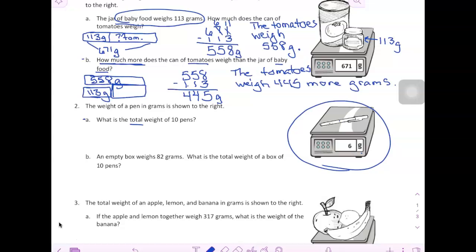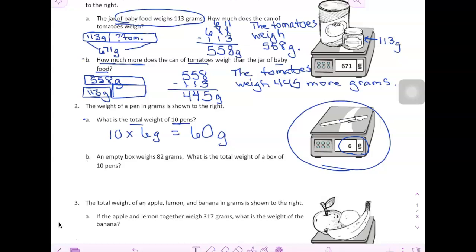We could add 6 10 times. There's a shortcut to doing that. If we're doing repeated addition of the same number, we could do 10 pens times 6 grams. They're telling us we have 10 pens and each pen weighs 6 grams, so 10 times 6 is equal to 60 grams.